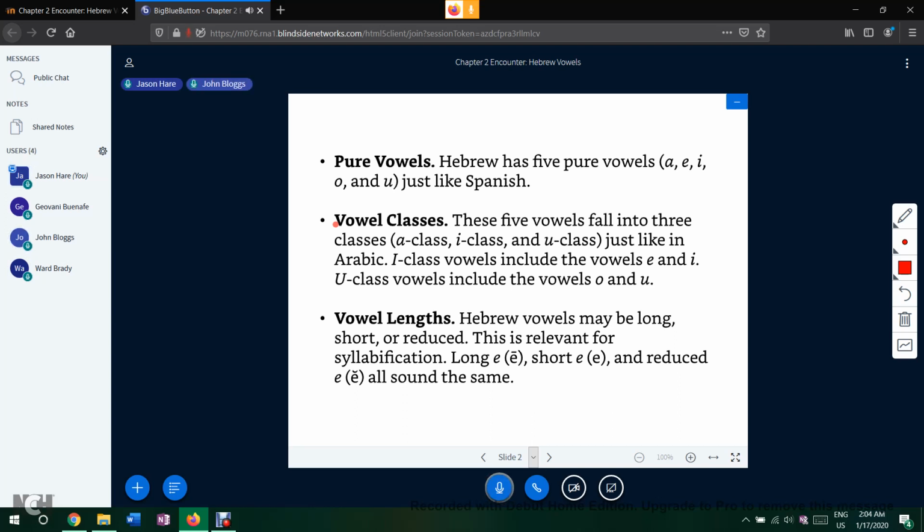Jason, did you see? I sent you an email a few hours ago of the differences in vowel classification between the textbook and the book by Pratico and Van Pelt that I used, which had five classifications.